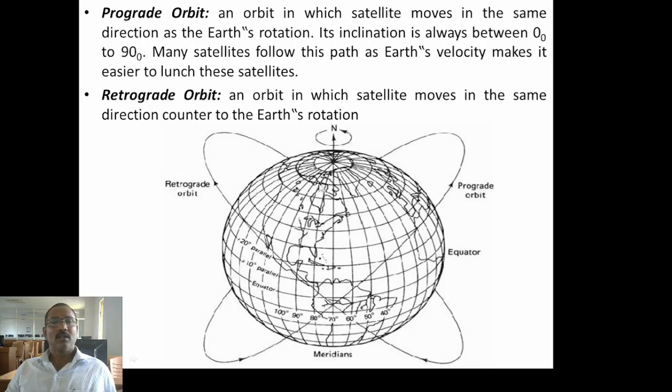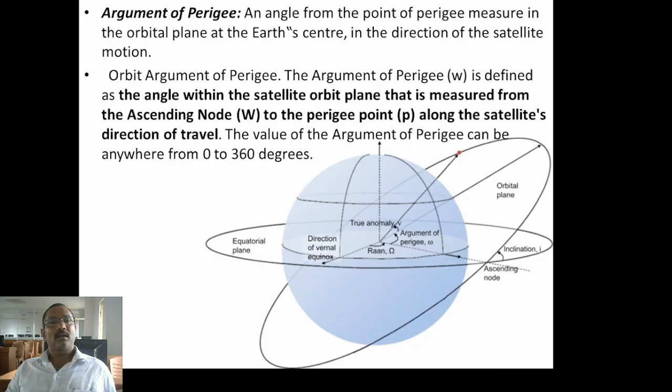So in a prograde orbit, the satellite moves in the same direction as the Earth rotates, and in a retrograde orbit, the satellite moves counter to the Earth's rotation. That is the retrograde orbit.